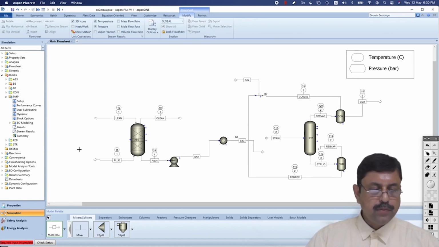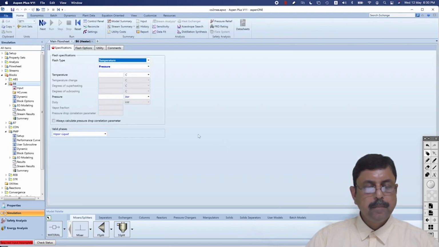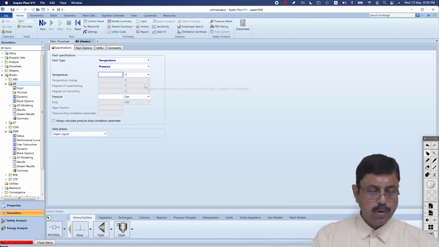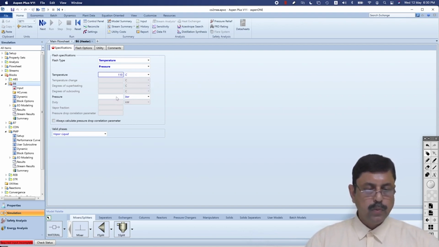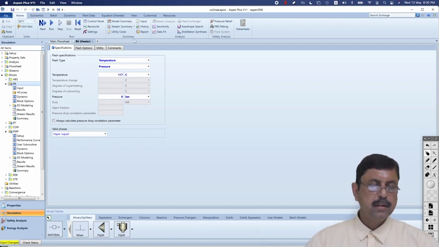And obviously we have to fix the heater. Let us say the heater will go up to 110 degrees centigrade with zero pressure drop. Sorry, it is 117 degrees centigrade with zero pressure drop.